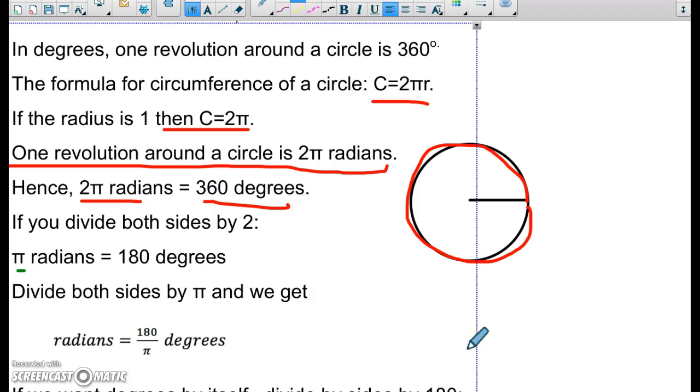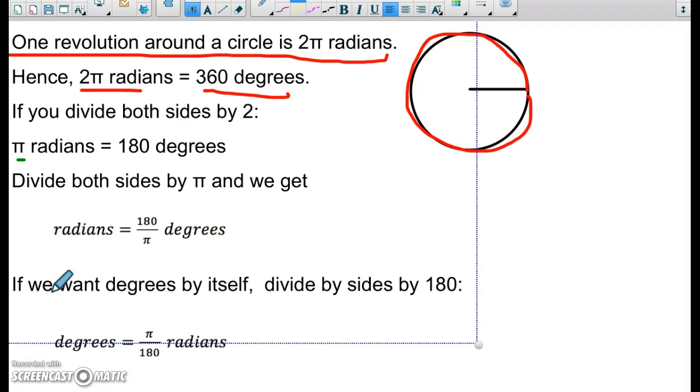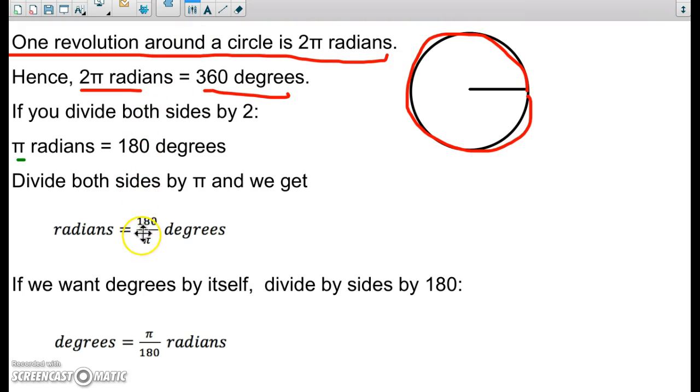If you divide both sides by 2, that means pi radians is equal to 180 degrees. Divide both sides by pi and you get radians equals 180 divided by pi degrees. If you want degrees by itself, divide both sides by 180 and you get degrees equals 180 radians.